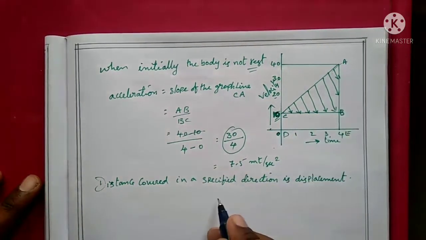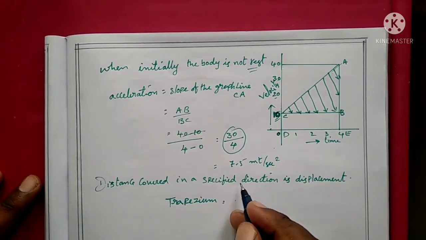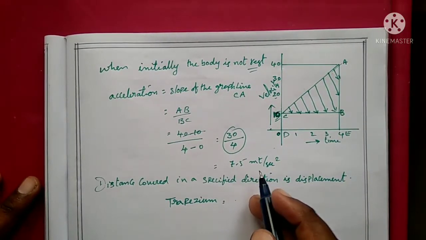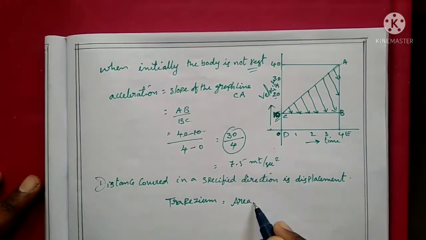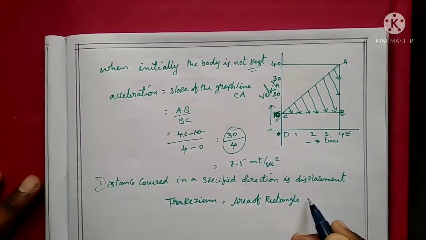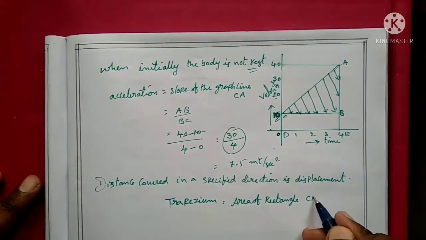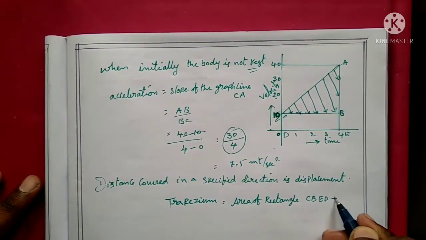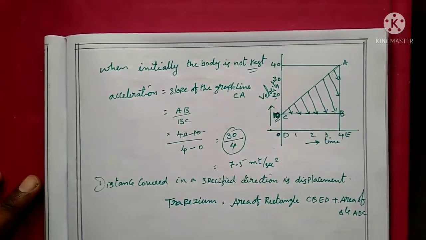Having ABC as the rectangle, the trapezium is the sum of the area of the rectangle, nothing but CBED, plus the area of the triangle ABC.